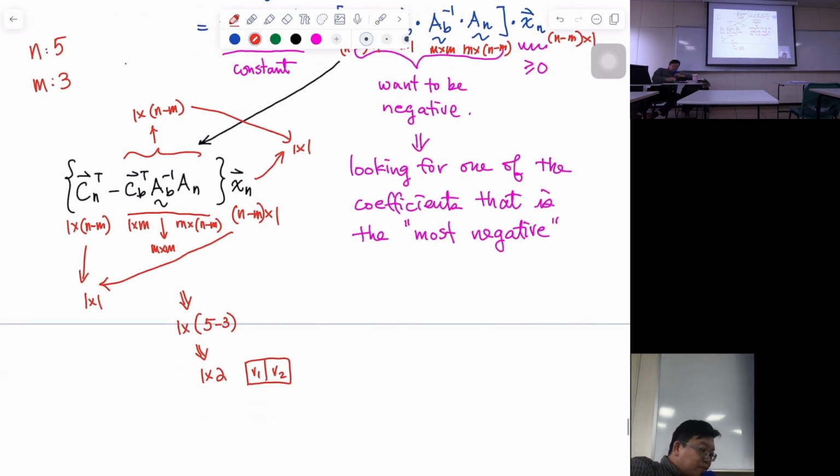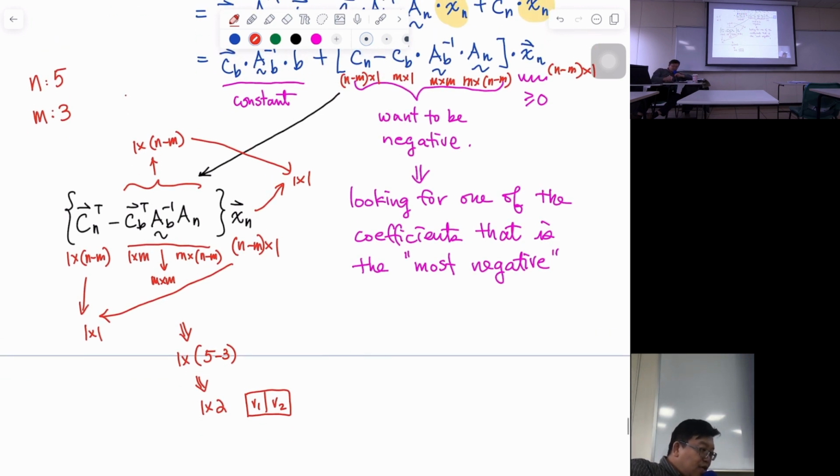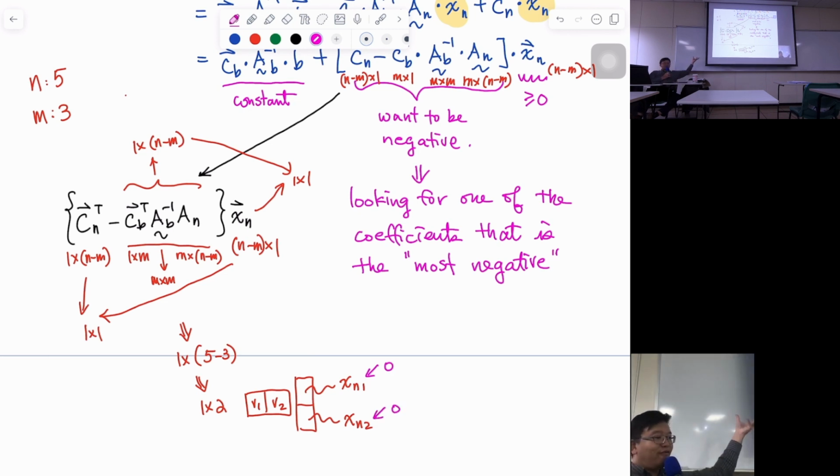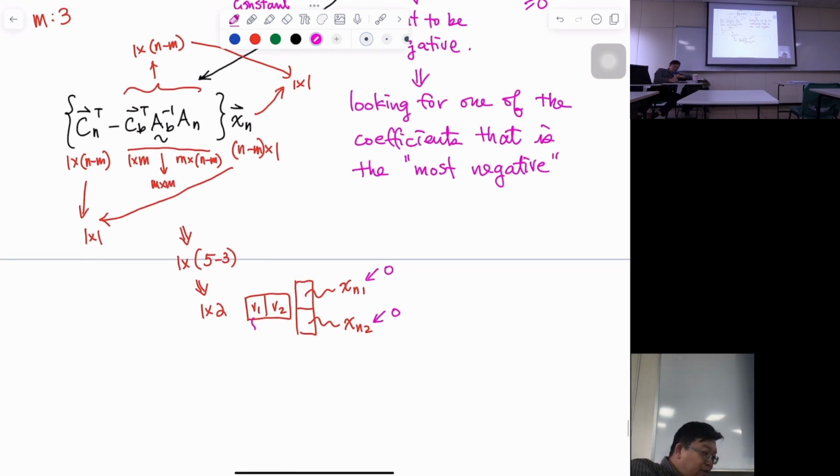Okay, so your xn at this point, this will be the first one of your xn, and this is your second one of your xn. So at the beginning they are 0, so it doesn't matter what coefficient they have in the front. Let's say, just for example, this is -5, this is negative 2.